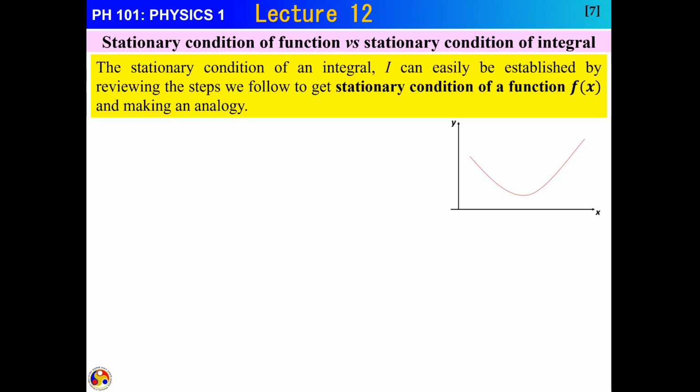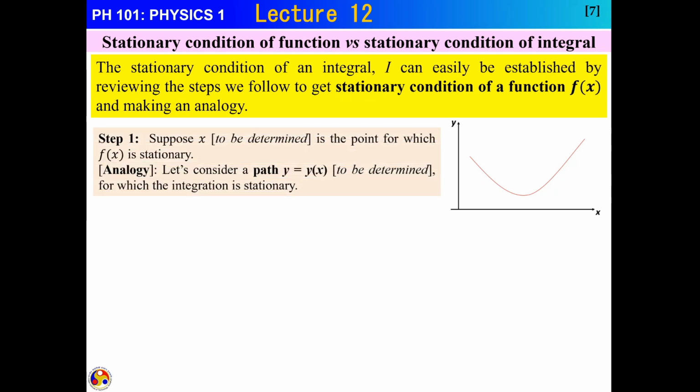Let us consider the same curve, and procedure number 1 says, suppose x is the point for which f of x is stationary. So in this curve, x is your point here for which your function f of x is going to be stationary, because I know this is your x naught.